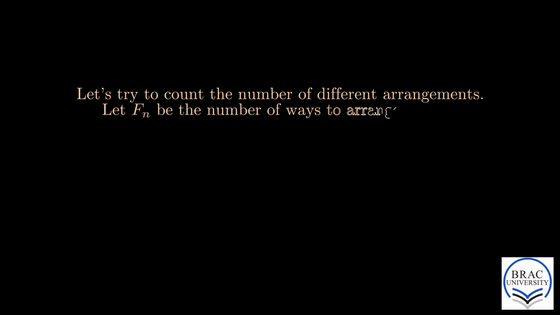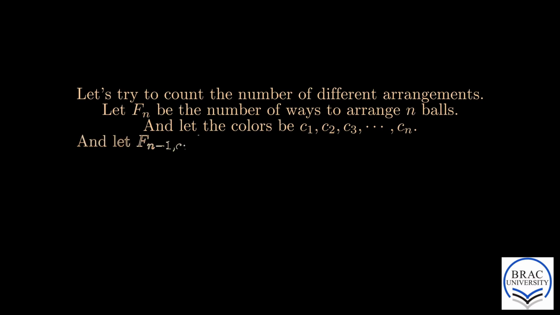If f_n is the number of ways to arrange n balls of n different colors, with colors C1, C2, C3, up to Cn, and we fix the first ball's color to be Ci, then we have n-1 remaining balls to arrange. Let's call the number of ways to arrange those balls f_{n-1} Ci.